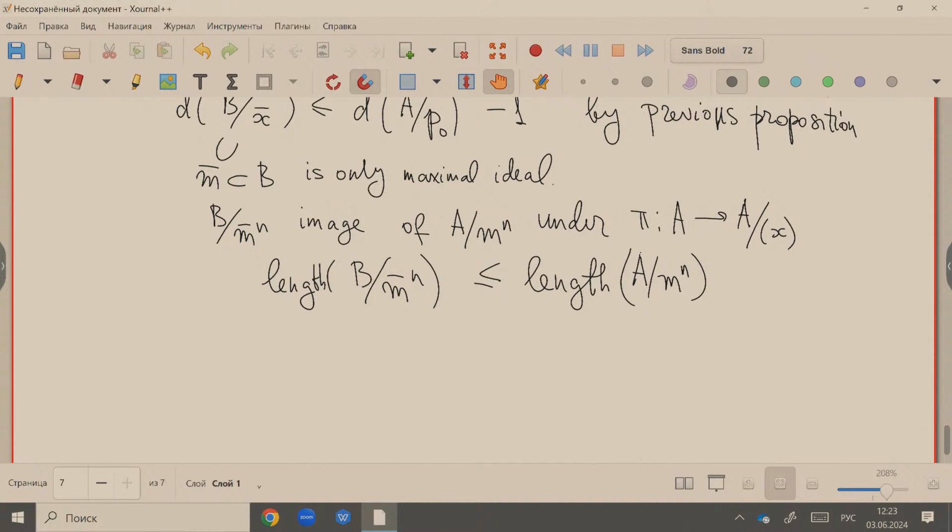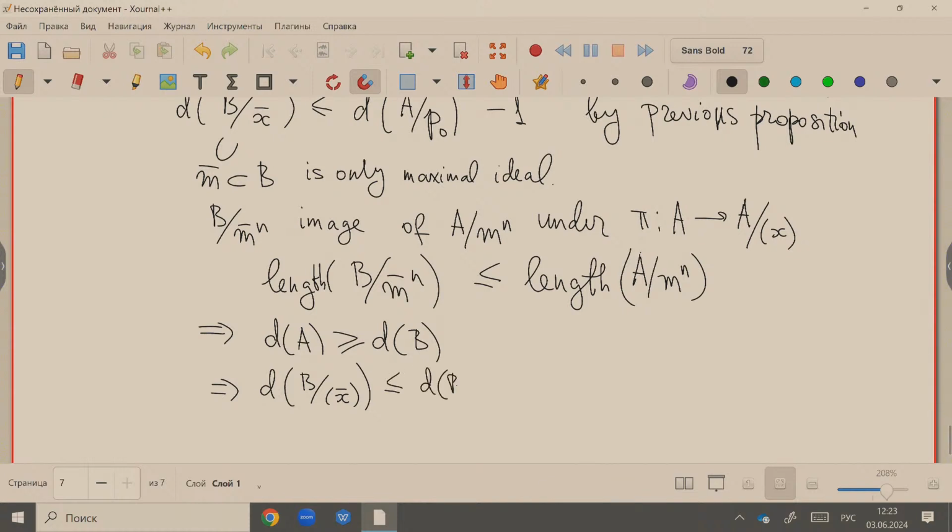So this implies that d of A is bigger or equal than d of B, and this implies that if you want to compare d of B modulo x, this is less or equal than d of B minus 1, and less or equal than d of A minus 1.